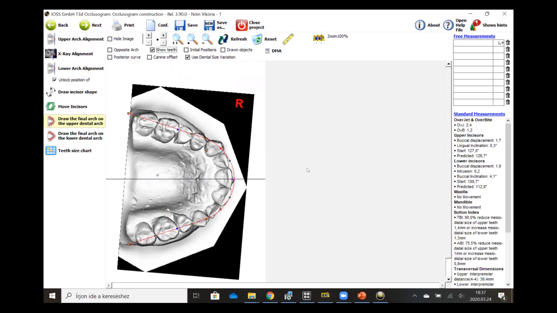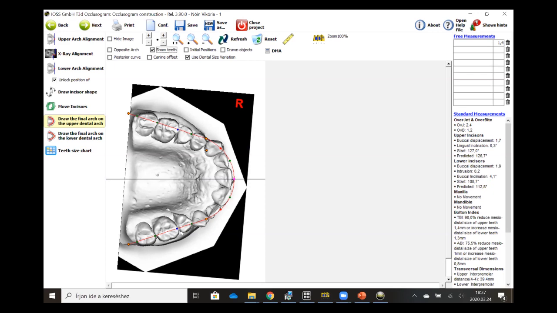Okay. So now you see the molars are more or less, you don't have to make asymmetrical expansions. You have a tiny expansion on both sides, and no distalization on both sides.